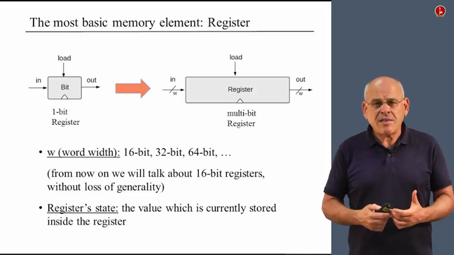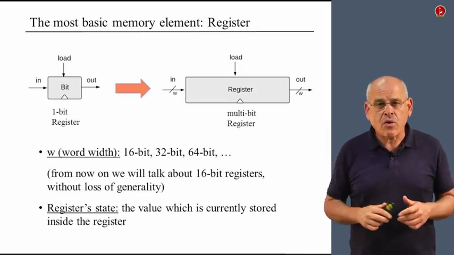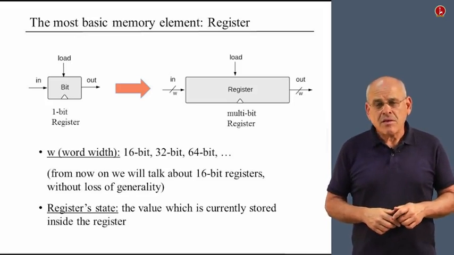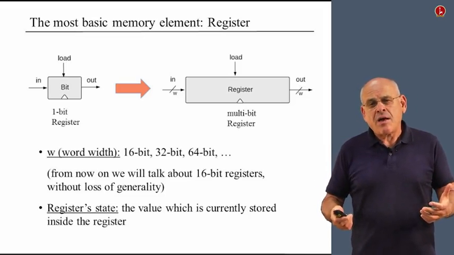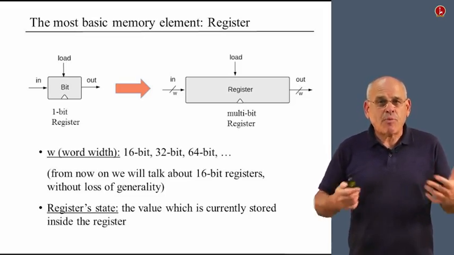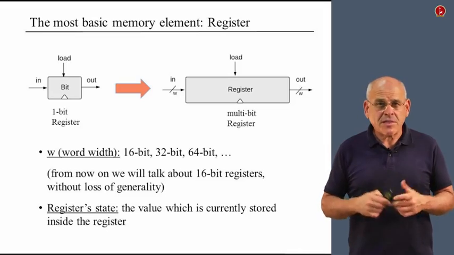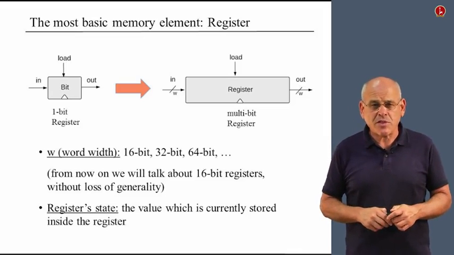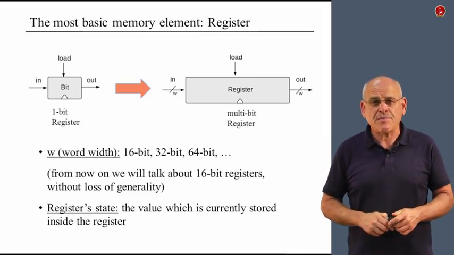A state is the value which is currently stored, quote unquote, inside the register. To say it more precisely, this is the value which is currently being expressed by the internal circuits of the register. This is a more accurate description of what's going on. It creates an illusion of storage, if you will.